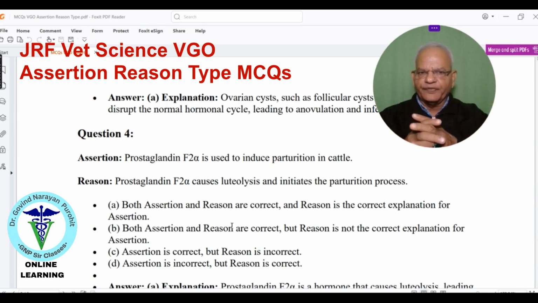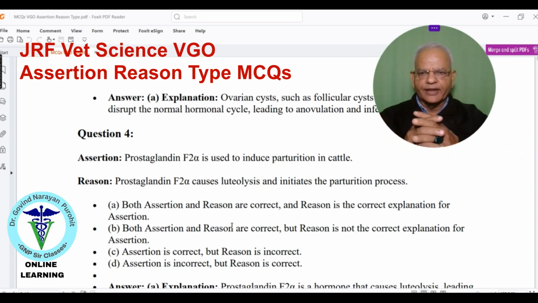This initiates a cascade of events leading to parturition. So parturition can be induced by exogenous administration of prostaglandin F2 alpha in dairy cattle after the 8th month of gestation, and even before that, up to 5 months of gestation.